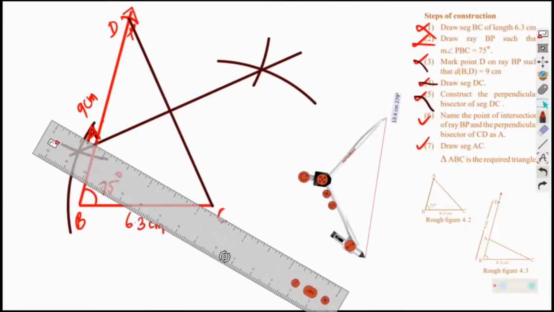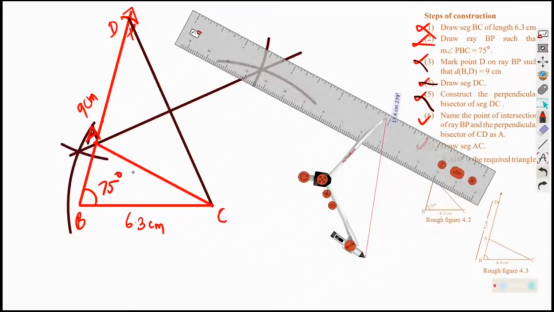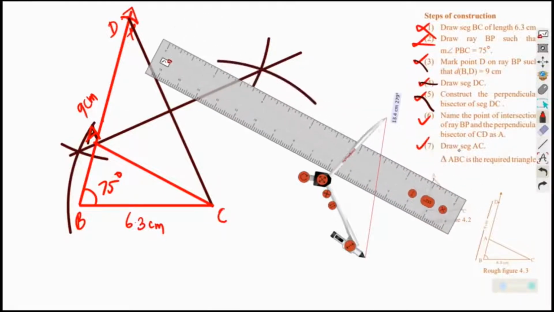We are applying the principle that in the case of a perpendicular bisector, any point on that perpendicular bisector is equidistant from the end points of the segment. That principle is applied here for the sides of the newly formed triangle.